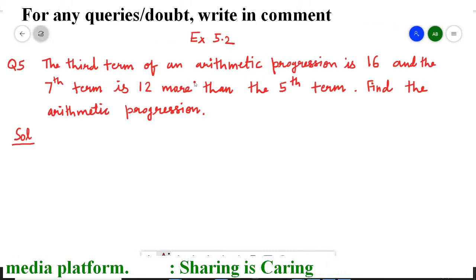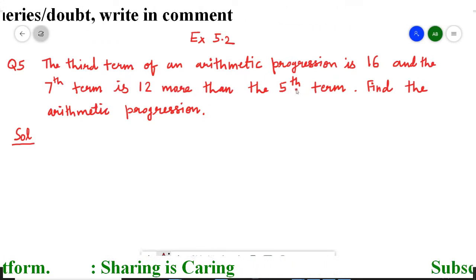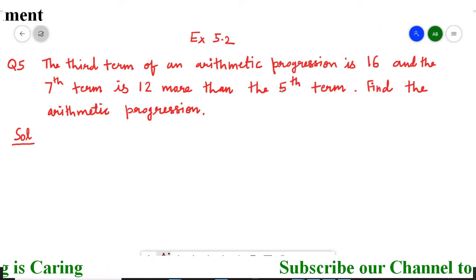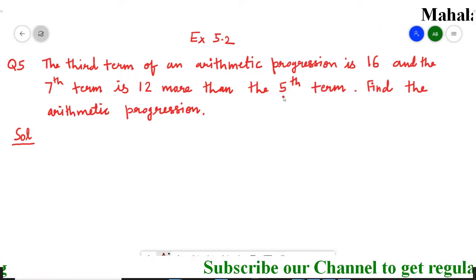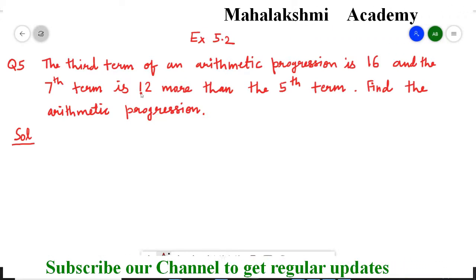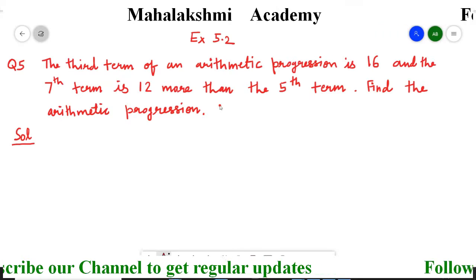Since terms are available to us, that is, the third term is available and the relationship between the seventh term and fifth term is available, that's why we are going to start with the formula of the nth term of an AP, that is the AN formula.